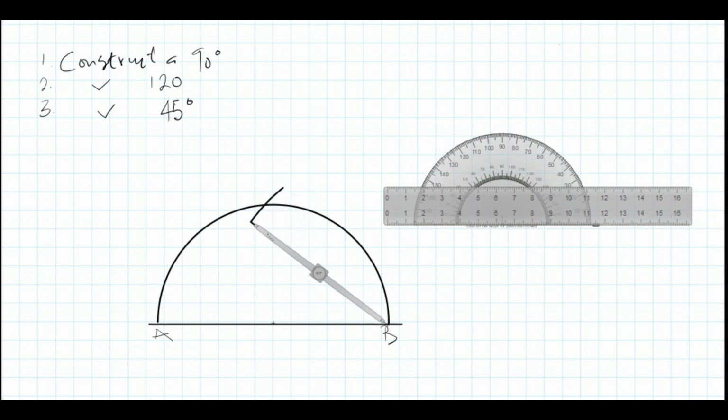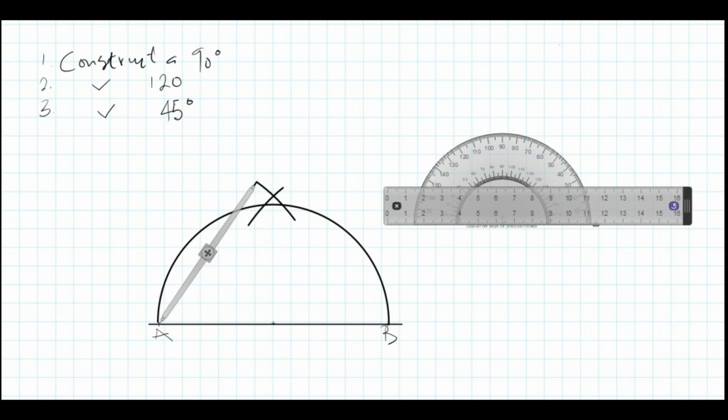We have our line here, then we stand here, then we draw a line. So you see that these two arcs are going to intersect.